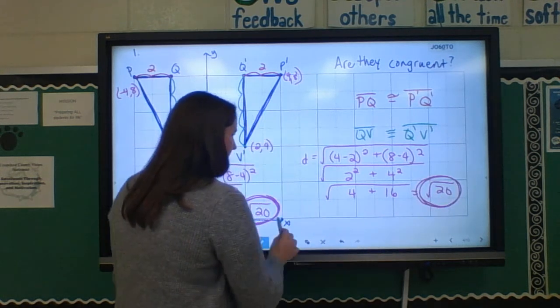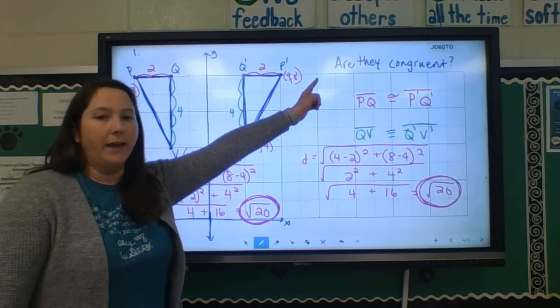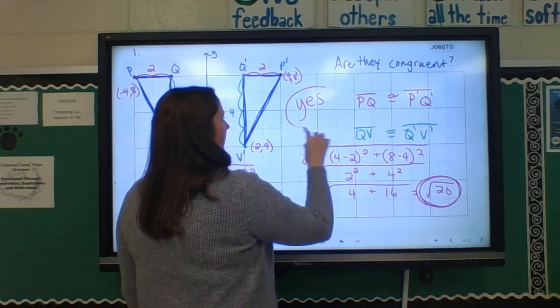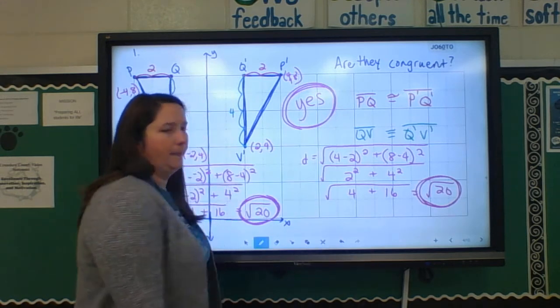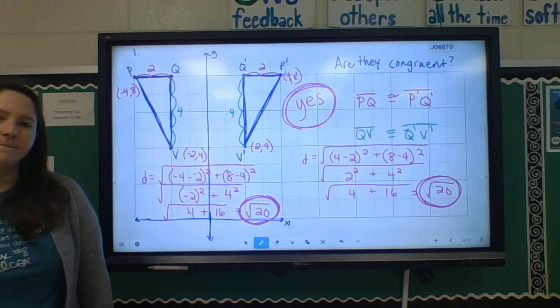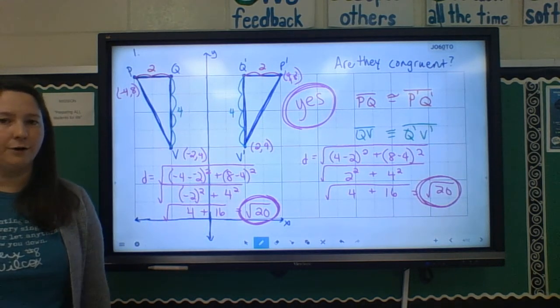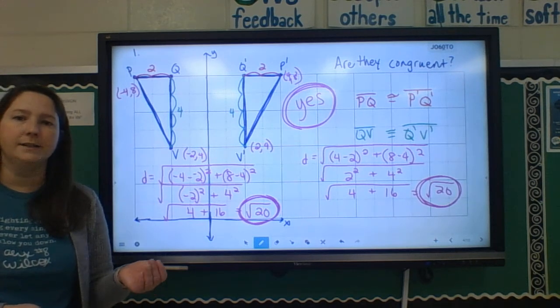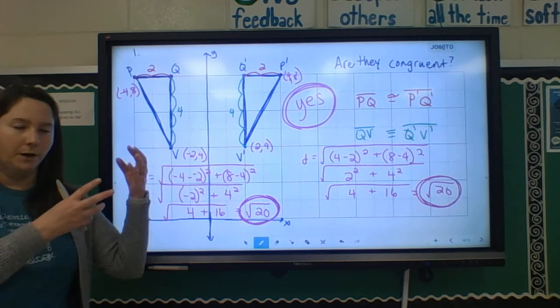And they are the same. So are they congruent? Yes, they are, because all of the corresponding sides were congruent.